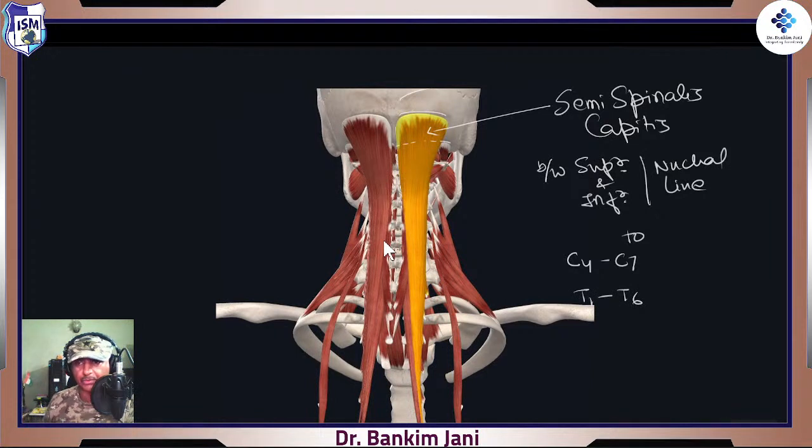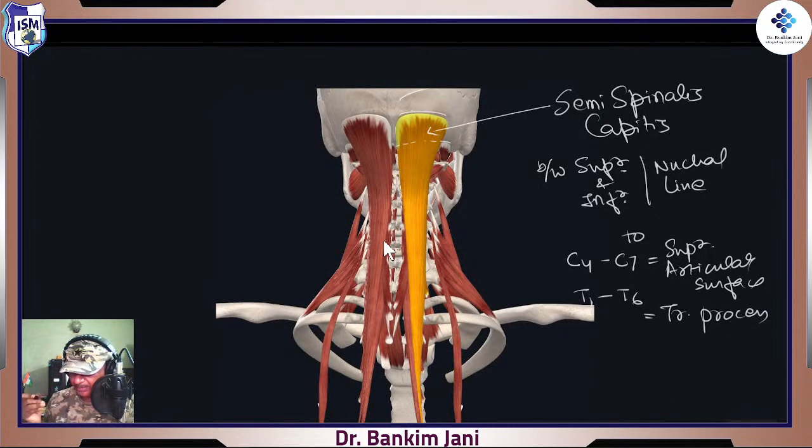So it is covering a long area, right? In the case of cervical, it is the superior articular surface, and as it goes down into the thoracic region, it goes towards the transverse process.